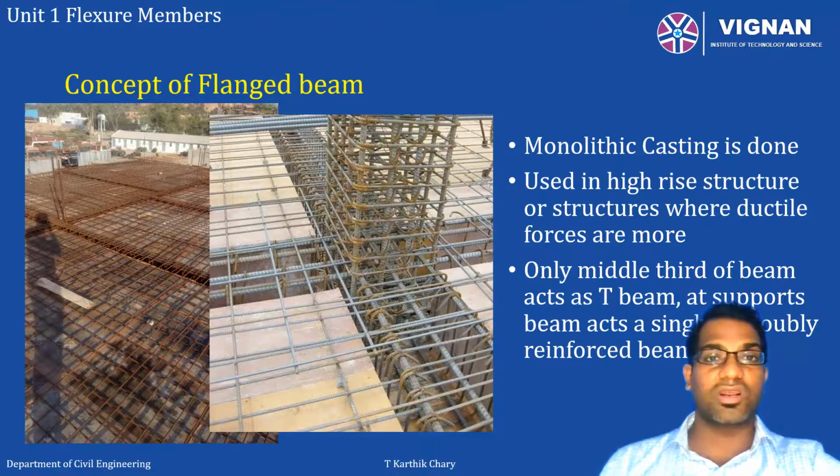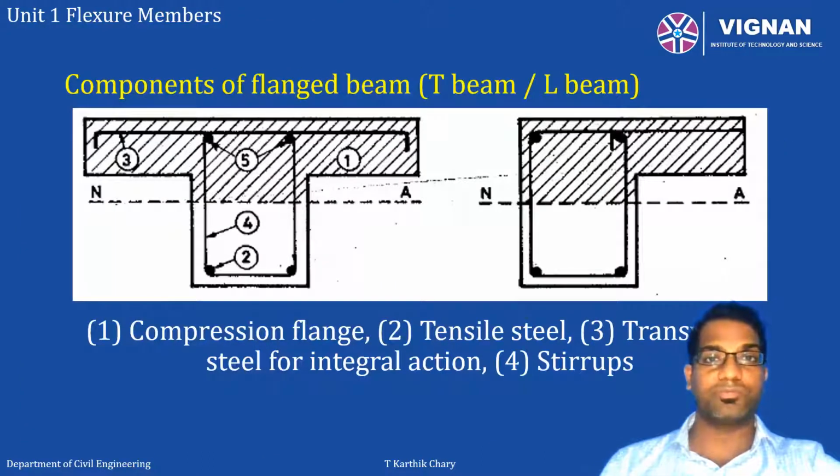Here is a picture of a typical T-beam. On the left side portion, I have noted 1, 2, 3, 4 and 5. 1 represents the compression flange, 2 represents the web steel, 3 represents the steel in transverse direction, and 4 represents the stirrups. In a T-beam, the top portion, the slab, is called the flange and the rectangular section is called the web.